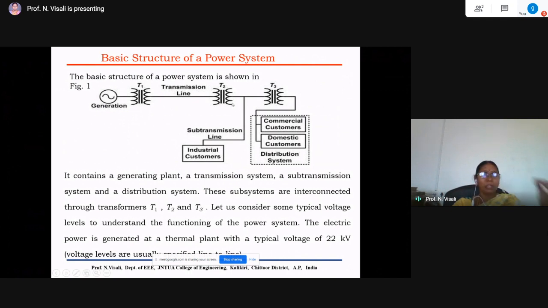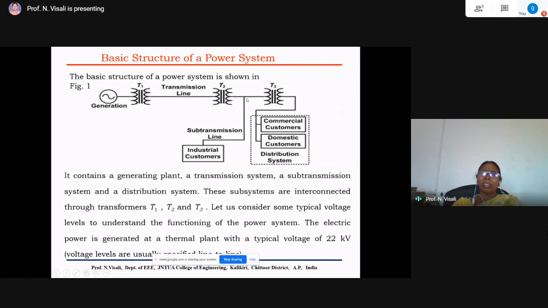The consumers connected between T2 and T3 are known as sub-transmission line consumers. Their working voltage is around 66 kV, and their load is also more than 50 kilowatts.